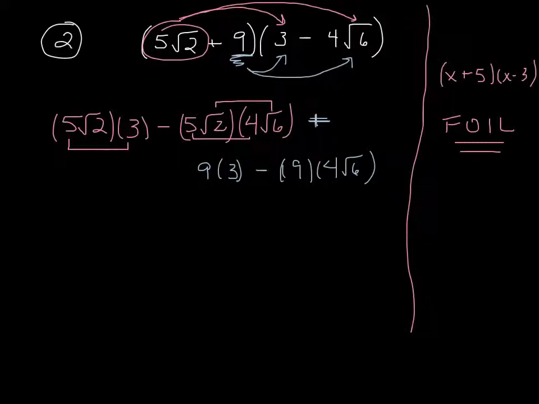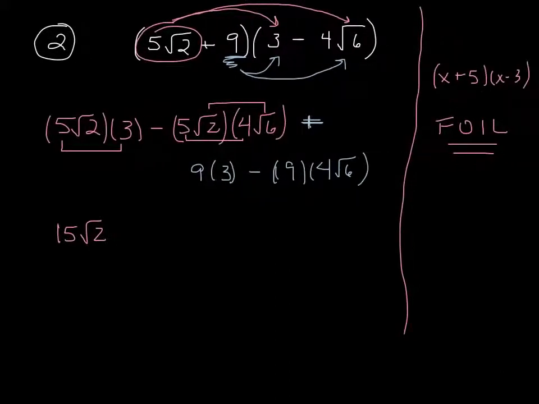So this first expression, 5 radical 2 times 3, that's going to be 15 radical 2. Now we have to take a look at this one right here. 5 times 4, 20 radical 12.